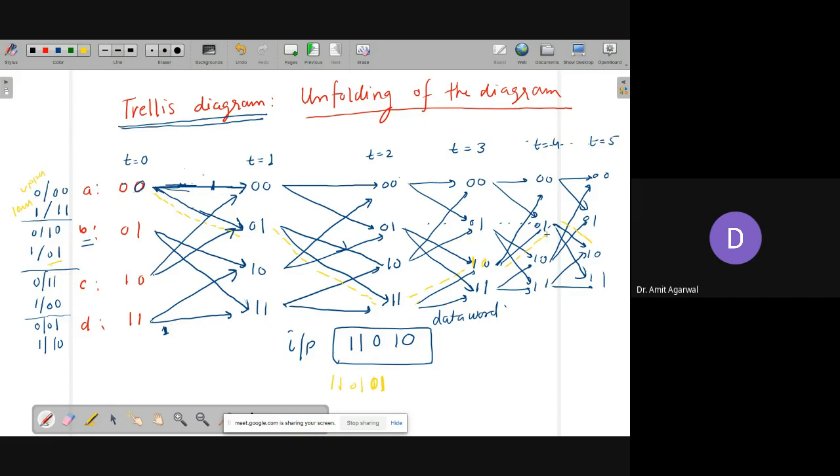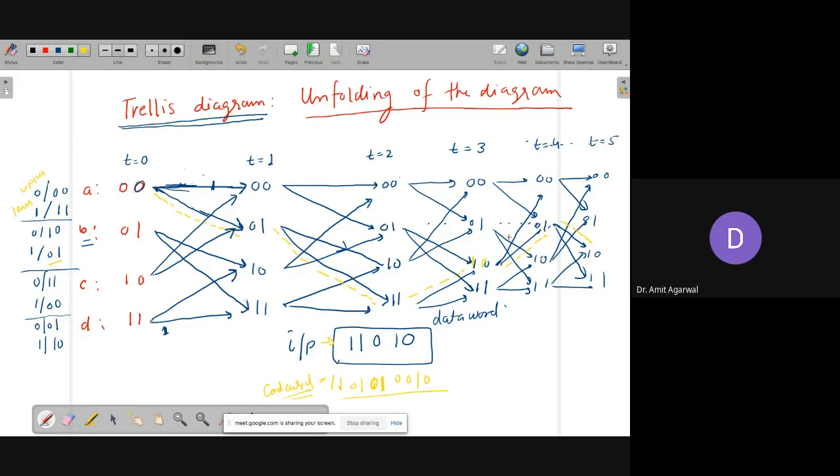Then 1 comes again, and you are in 1 0 state, and 1 is 0 0. And then again 0 comes. You go to here, and you see it is 1 0. So now you see the code word corresponding to your data word.